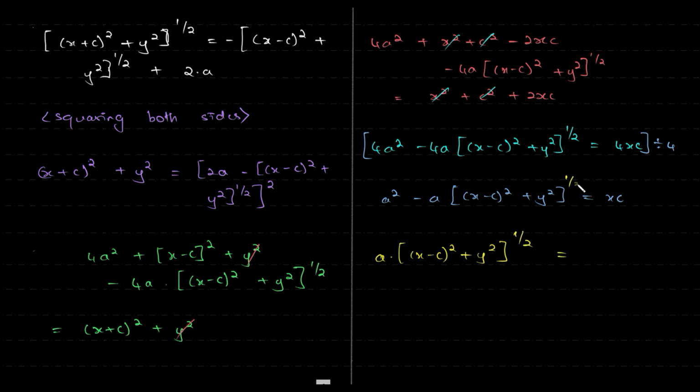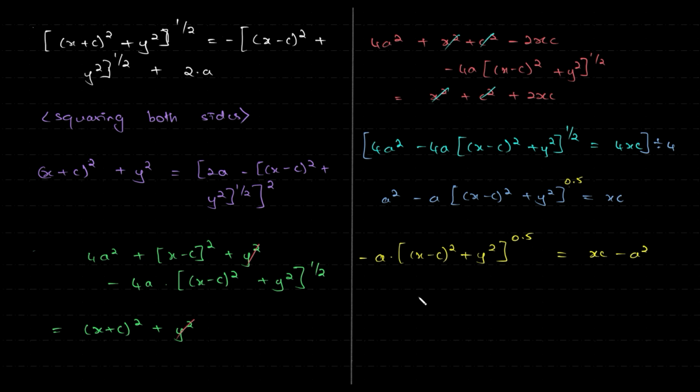And this is equal to, I can just write it as 0.5. That's easier notation. Right? And then here we have xc minus a square. And this is minus, by the way. And now when we expand it, when we square it.